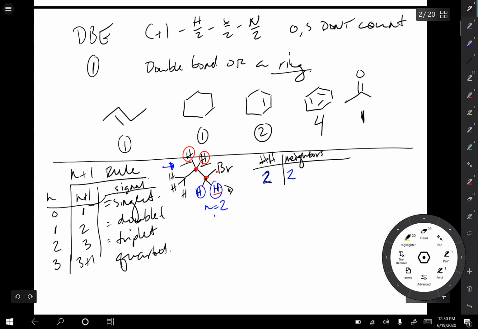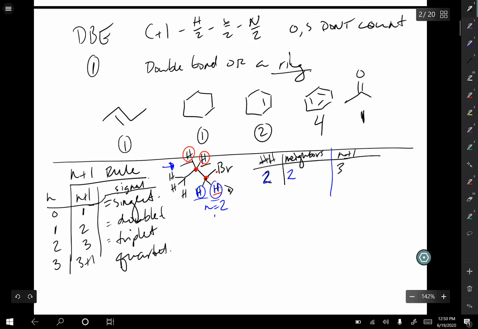Let's jump over to the blue hydrogens that we just looked at. We have 2 neighbors. That means our n+1 is going to be 3. What does that mean? What kind of signal are we going to get? This will be a triplet. What does a triplet look like? It's a 1 to 2 to 1 ratio, okay?